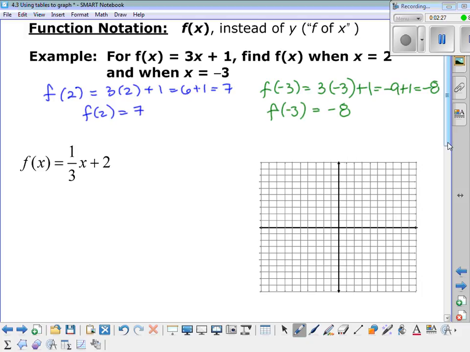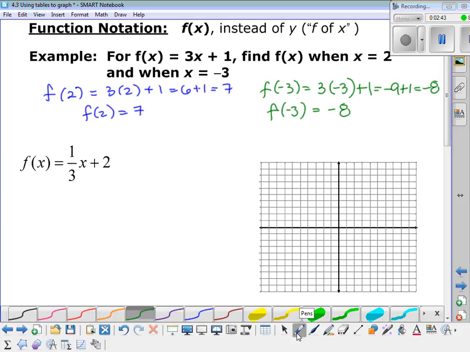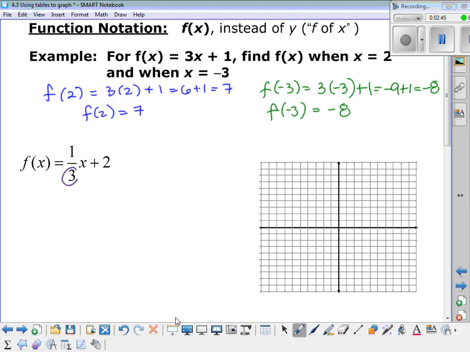Alan? 3/1 could be one of them, but what's another number besides 3? Go ahead, Austin. 9's another one, right? So 3, 6, 9, aren't those all multiples of 3? Yeah, so what I want to do is choose multiples of 3 to make my table. That way it's going to be easier to graph.